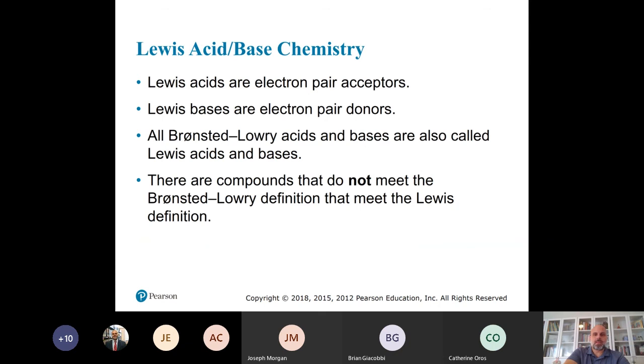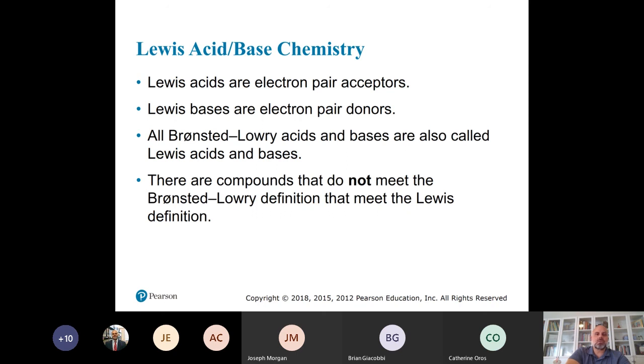Right. So Lewis acid, Lewis base. So Lewis acid-base chemistry. Lewis acids are electron pair acceptors, whereas Lewis bases are electron pair donors. So when we talk about Lewis acids and Lewis bases, we're opening up the group of what we call acids and bases to substances that are no longer just containing protons.